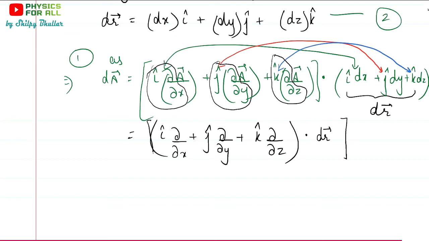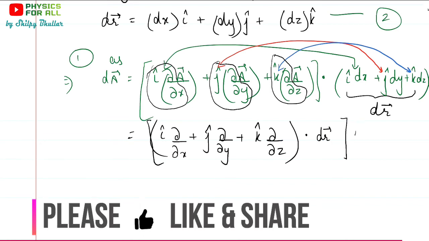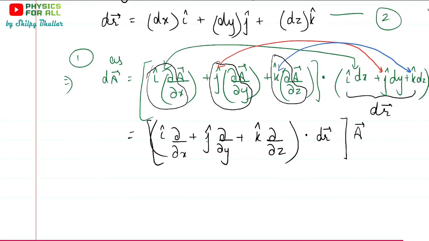And then what we have done, we have taken this vector A outside. It's totally fine because if you open it, this dr is already there and it is having a dot product with this. So A will fit everywhere, with curly by curly x, with curly by curly y, with curly by curly z. It's simply that we have taken it outside. It's just for representation. Okay.